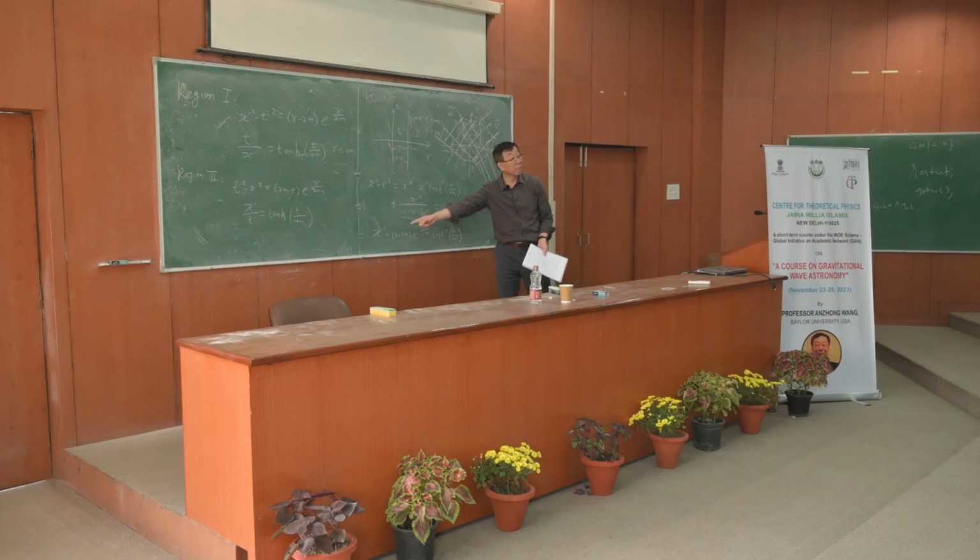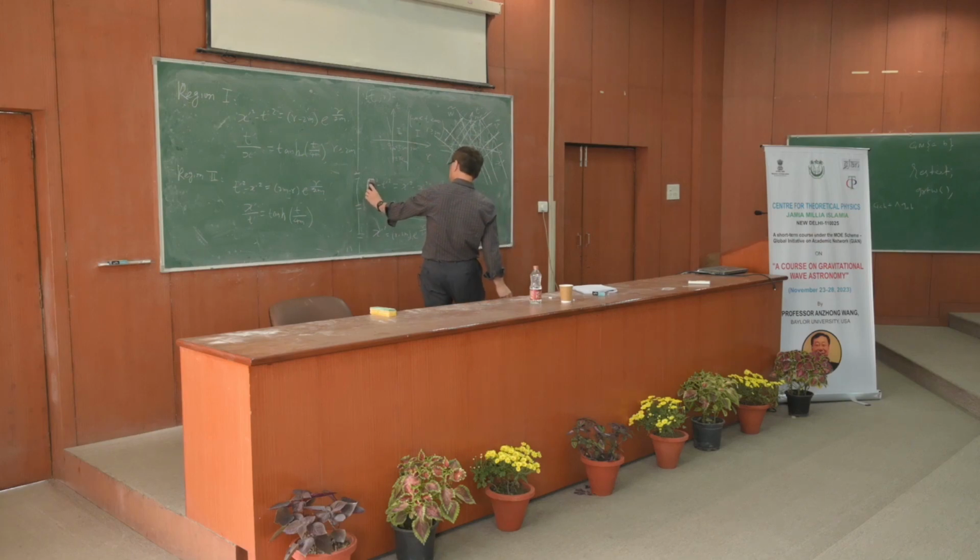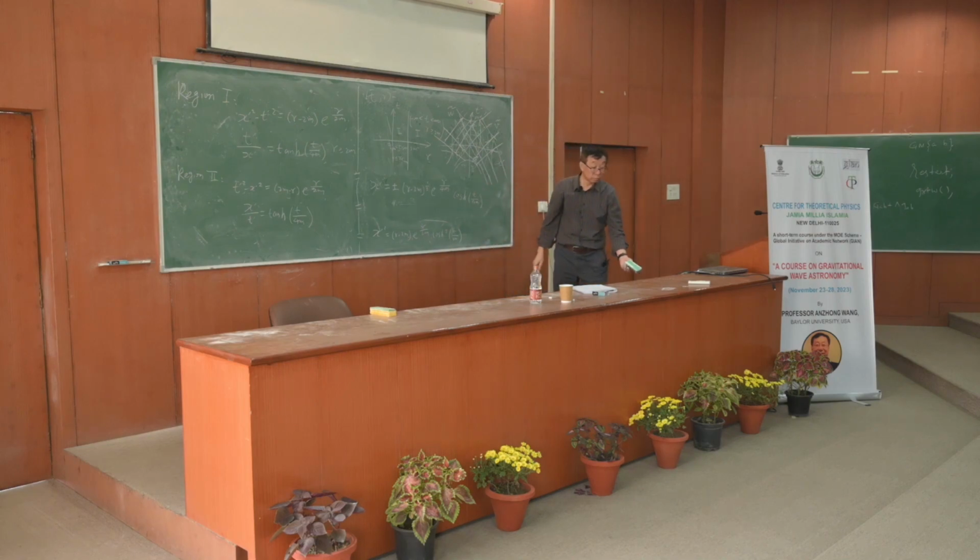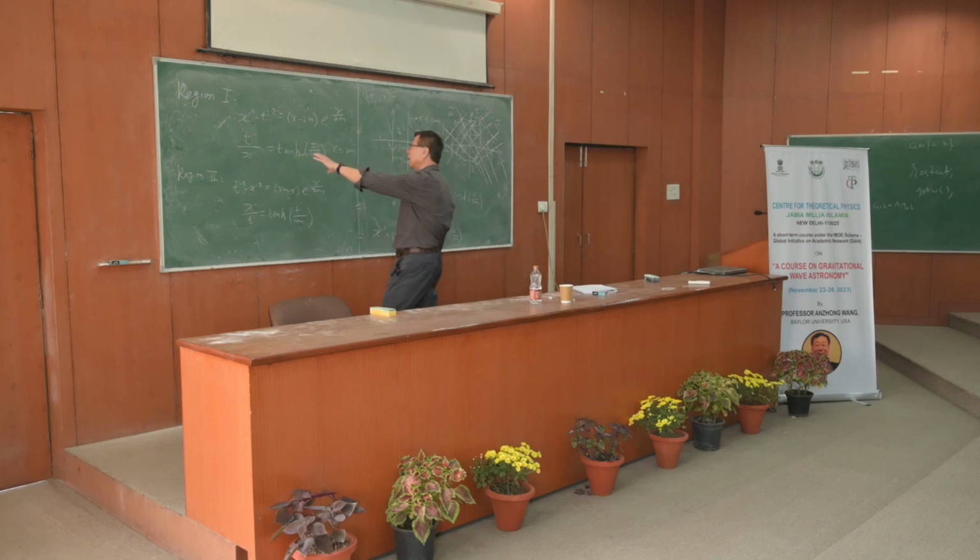Now I can get my x prime. I still want to use this part. From here, x prime equals plus or minus the square root of (r minus 2n) times e to the r over 4n, times cosh of t over 4n. So from region 1, I get this.